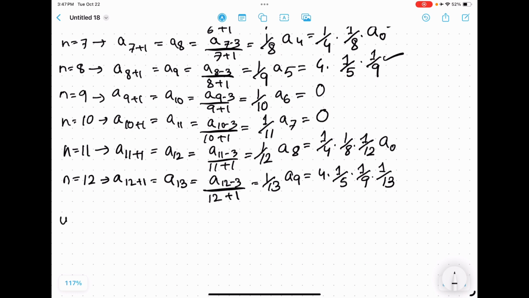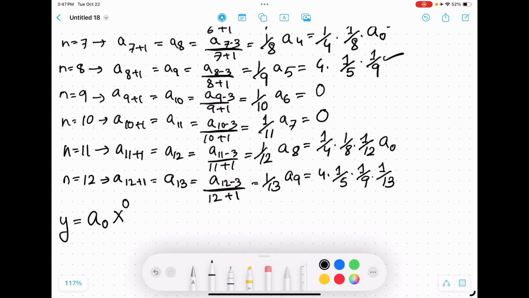So I have my general solution, okay? So first I had my a sub 0 because that is the lowest term, the smallest term, right? And obviously I have a sub 0 times x to the power 0, which gives out 1, so I don't have to write that. So I'm just gonna erase this.